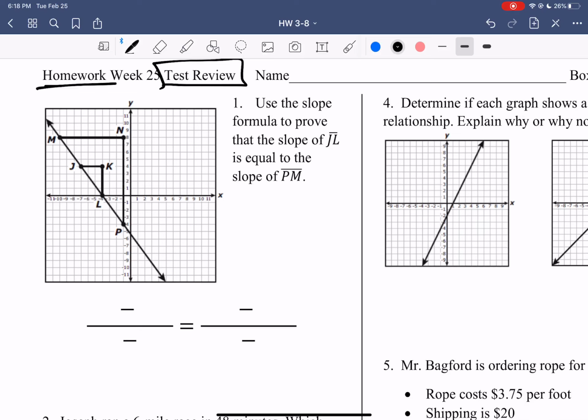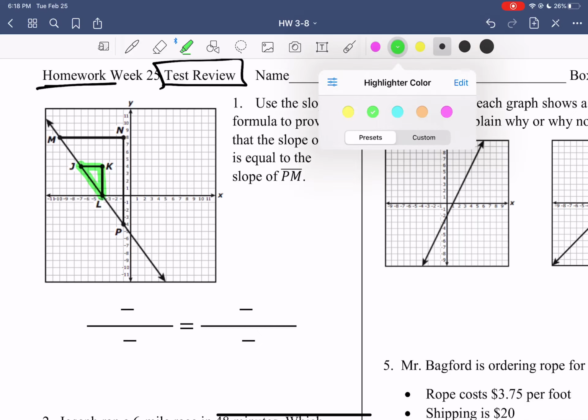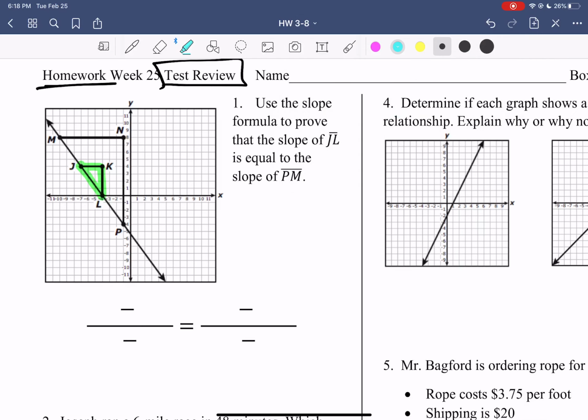So it says use the slope formula to prove that the slope of line JL is equal to the slope of PM. So we have two right triangles here. We have a triangle here, and we have another triangle right there.